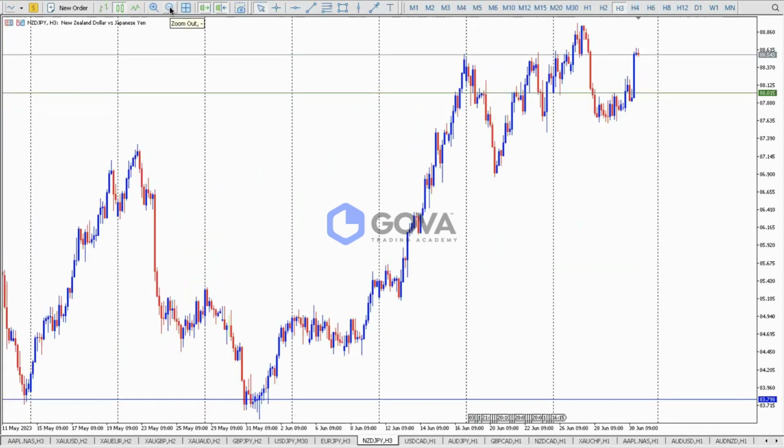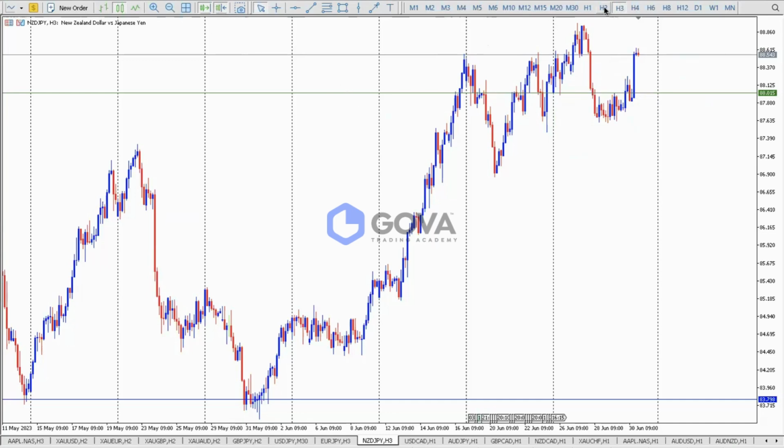So zooming it out, you can see the last formation that we have towards the ending of last week. This area has not happened yet as at the time of the analysis. The last formation that formed towards the ending of last week is this one here, all right? So that is the area, and that is why I mark it.